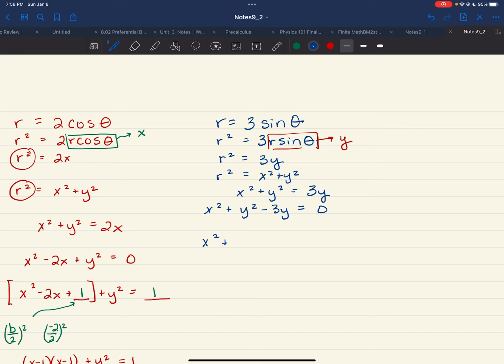So x squared plus y squared minus 3y, plus, let's see here, I worked it out already. Well, plus 3 halves squared, I'm just going to leave it that way, is equal to negative 3 halves squared.